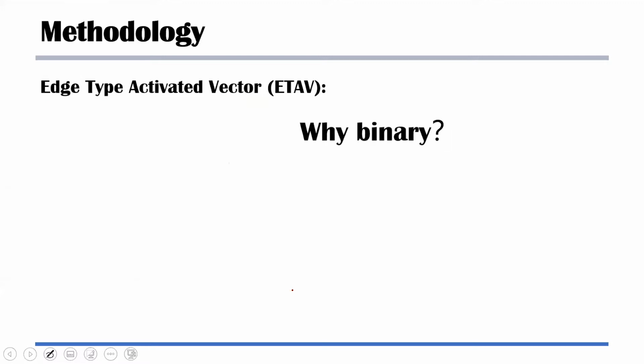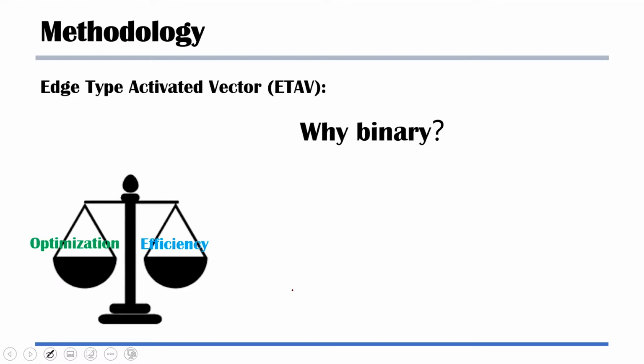So let's talk a little bit about why binary, instead of using other classical optimization methods. Here we really want to balance the optimization performance and the efficiency. Number one, not all the edge types are equally important given the target task, right? Some edges can be really important while the others are not.